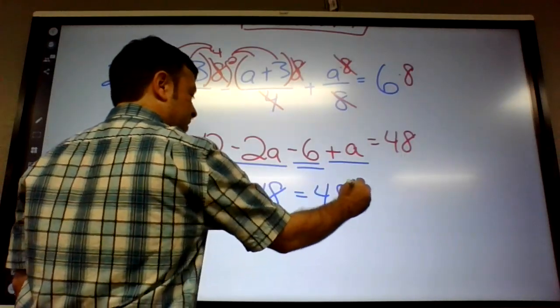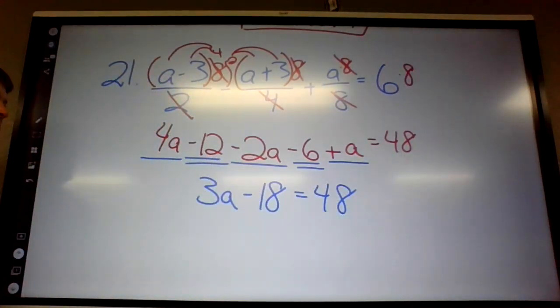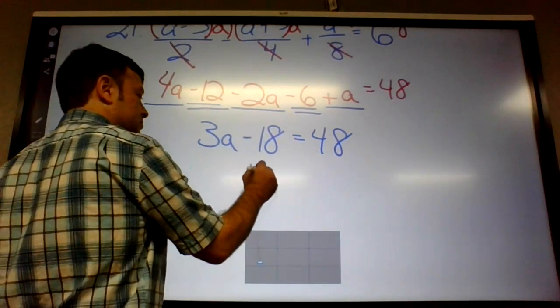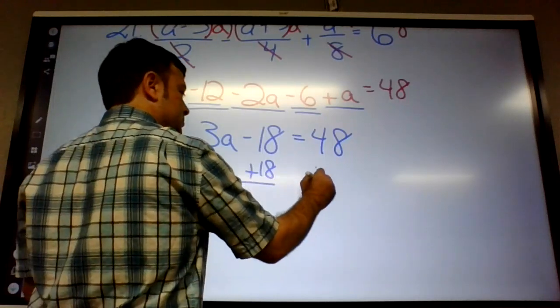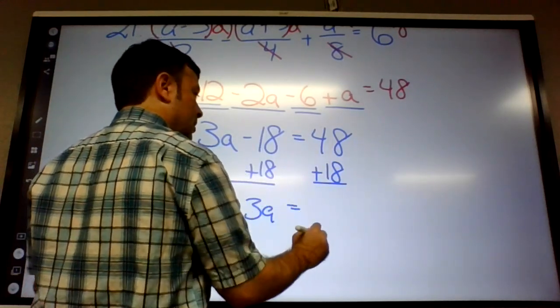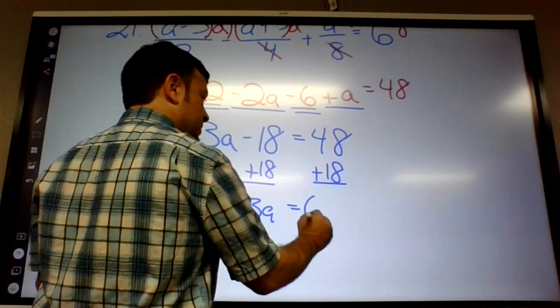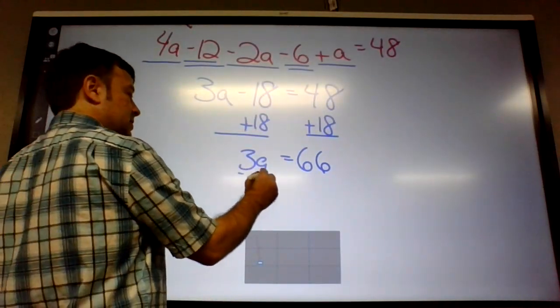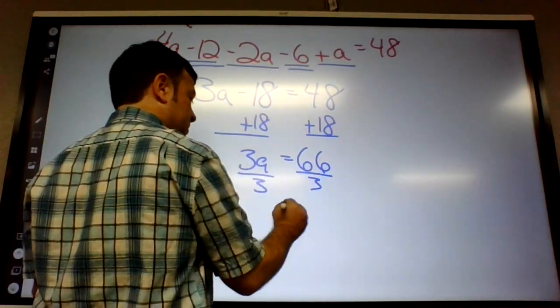And now we've got something that's normal looking. What is that? 66 divided by 3.